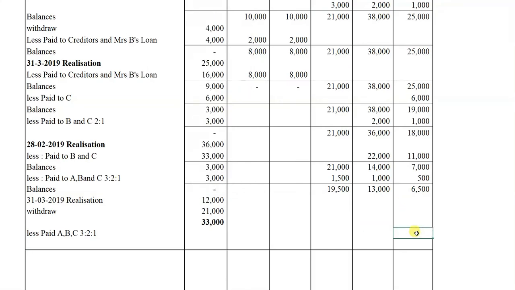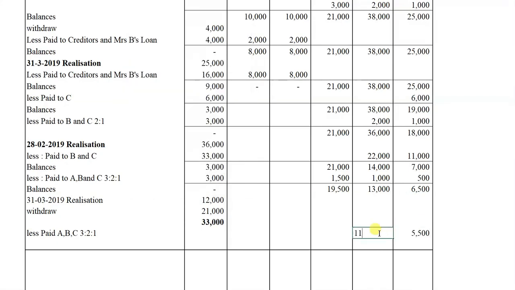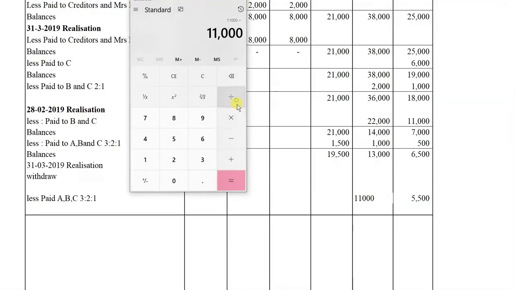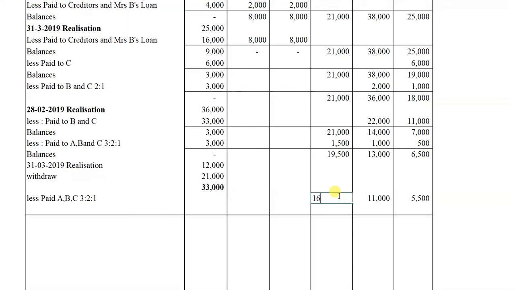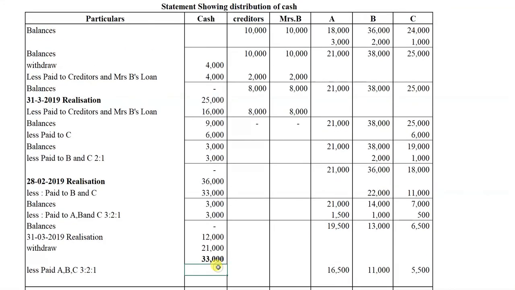So 5,500 to the C partner, then into 2, 11,000, and then into 3, 16,500. So we will distribute this amount of 33,000 as per their profit sharing ratio.